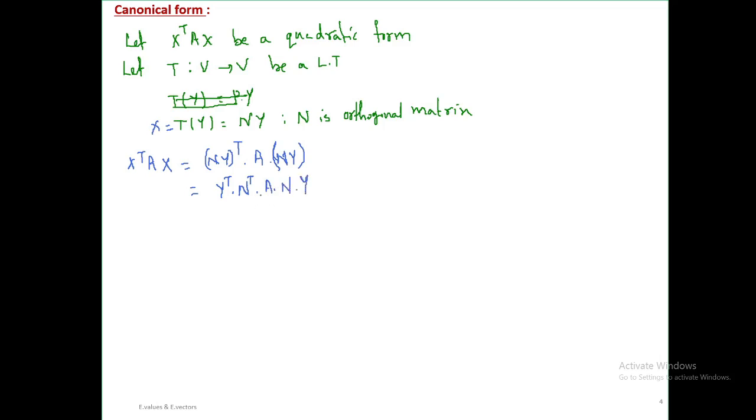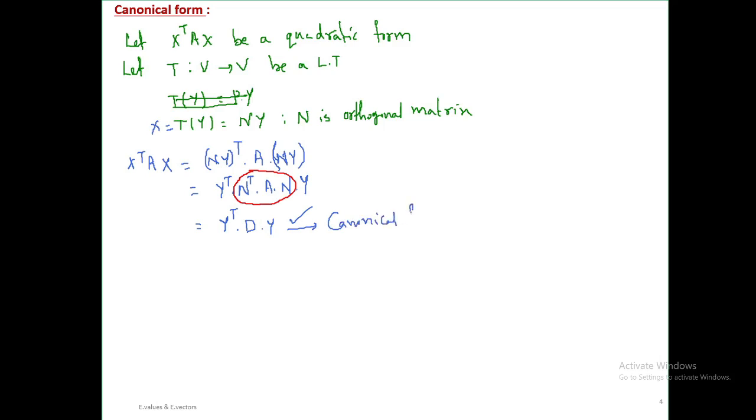Now look at this one: N transpose A N, I am calling this matrix D. So now y transpose D into y. Again, look at the same form. We need to convert into this format first, then this is called the canonical form.